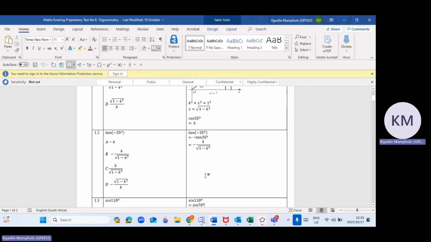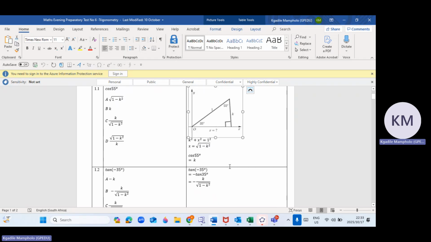1.2, tan 135. Remember, 135 is in the second quadrant, and tan there is negative. So you first reduce it to minus tan 35. We know that tan is opposite over adjacent, so the opposite is k and the adjacent is x, which we calculated in 1.1, the square root of 1 minus k squared.